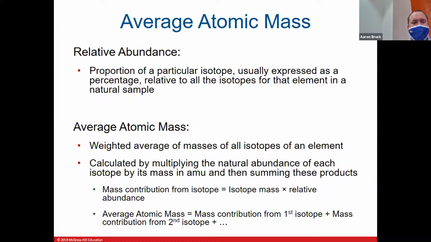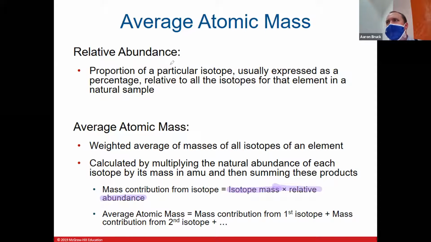And the way to do that is by taking the isotopic mass multiplied by the relative abundance for each isotope, and then adding those products together. So if there are 3 different isotopes of a given element, I would do that multiplication for all 3 of those isotopes, and then I'd add together the products of each of those multiplications. And that would give me the average atomic mass.